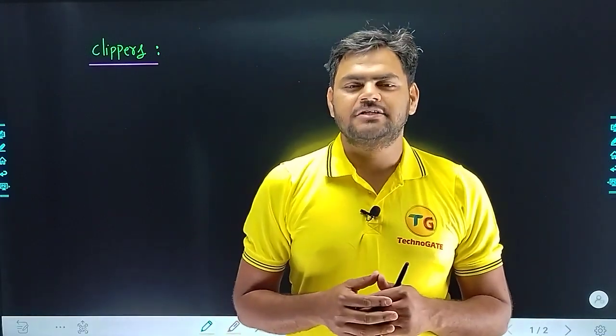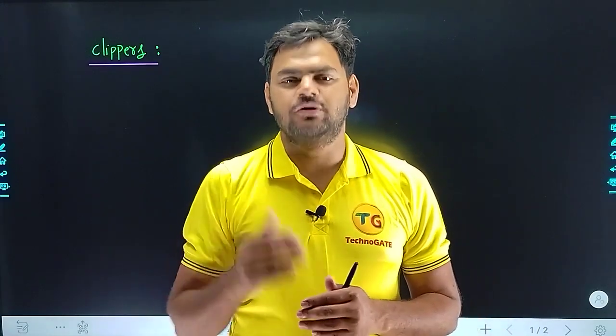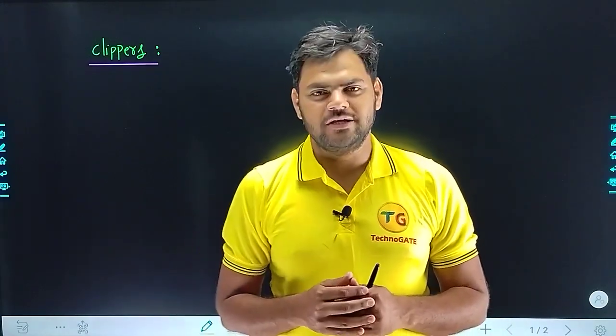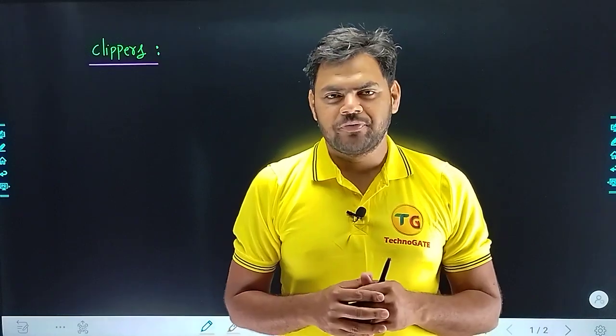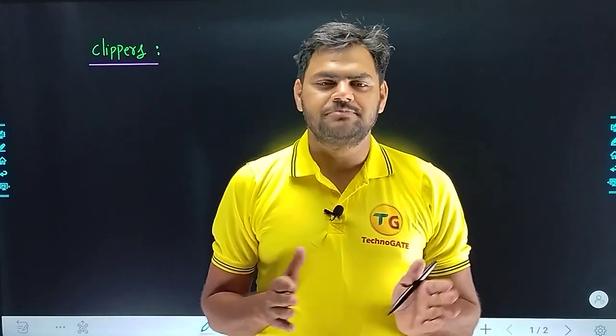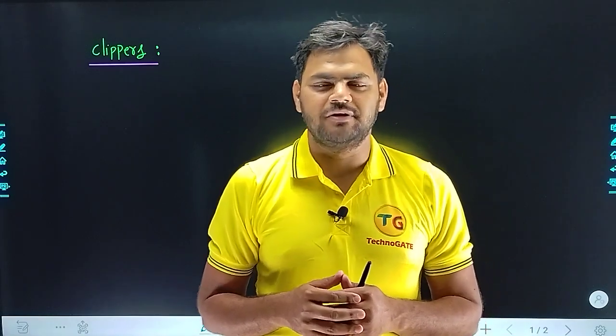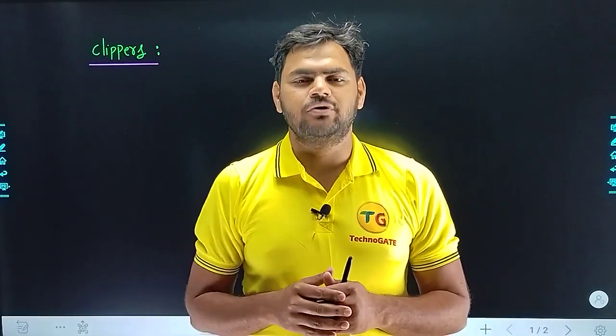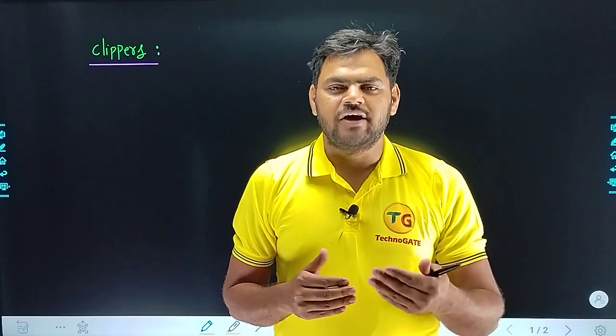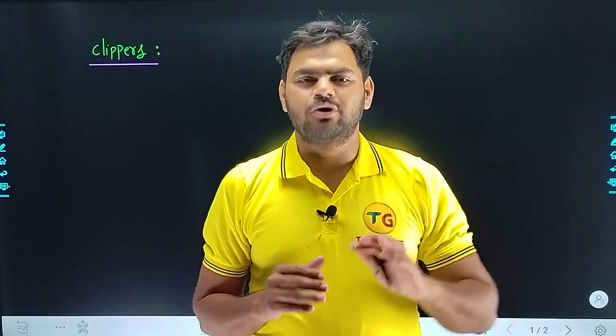Suppose the input waveform is varying sinusoidally between plus minus 12 volt, and as per our circuit need, we are expecting the input to vary between plus minus 10 volt, or we want the input to vary from 0 to 10 volt only.